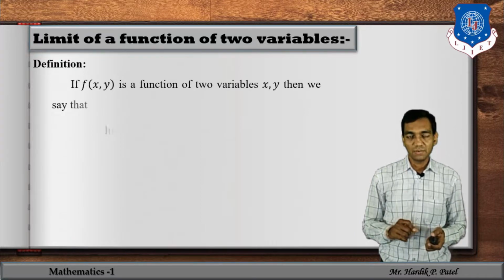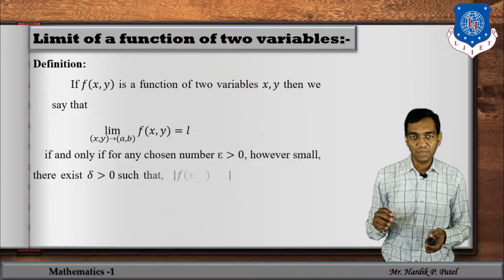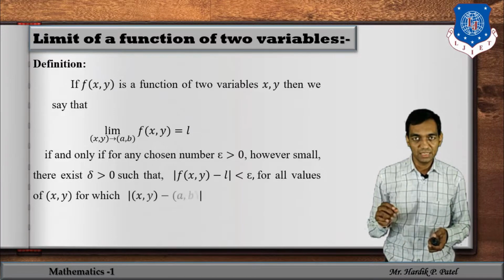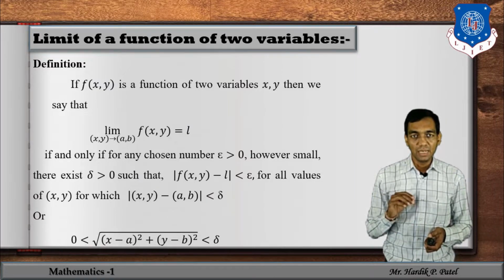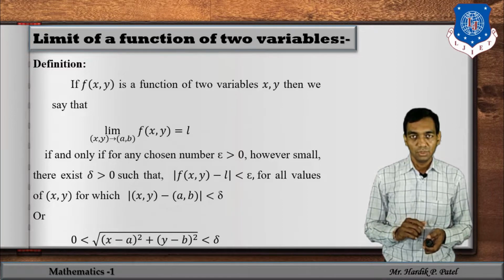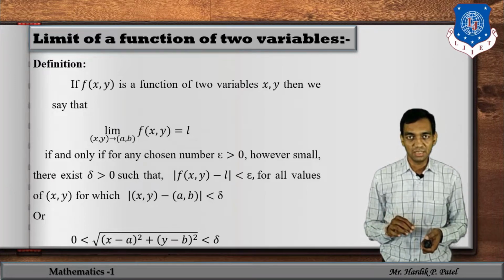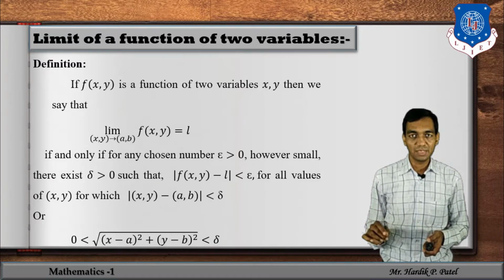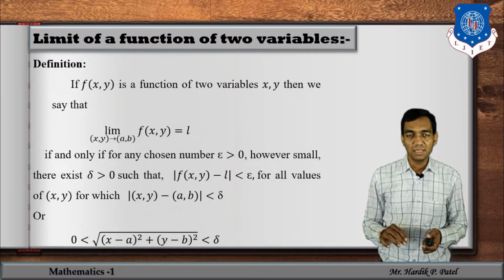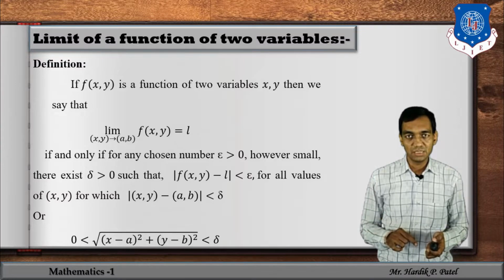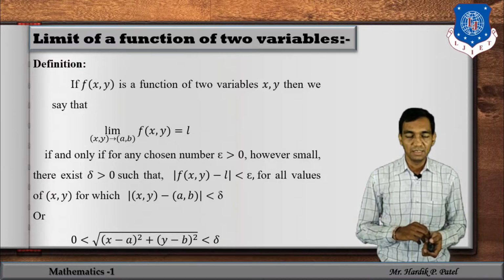If f of x comma y is a two variable function, then we say that the limit of f of x comma y as x comma y tends to a comma b is equal to L if and only if for any epsilon greater than 0, however small, there exists a delta greater than 0 such that mod of f of x comma y minus L is less than epsilon for all x comma y which satisfy mod of x comma y minus a comma b is less than delta.